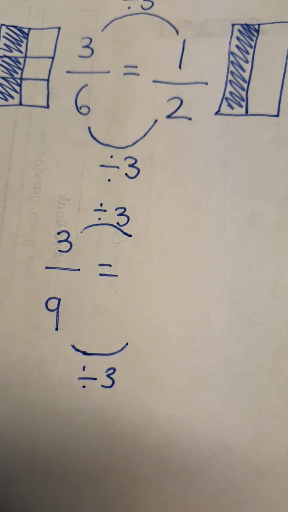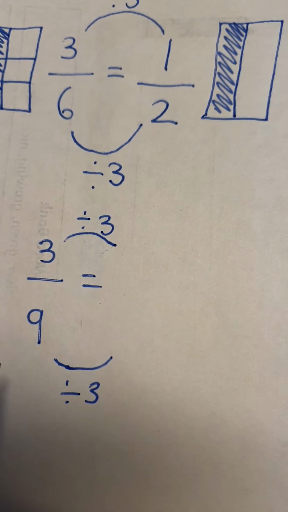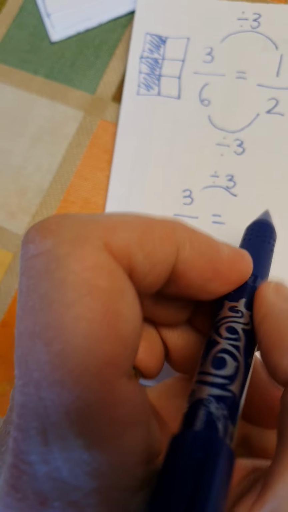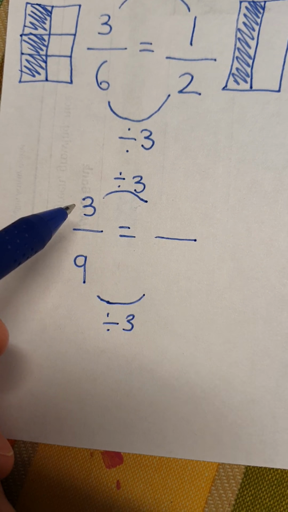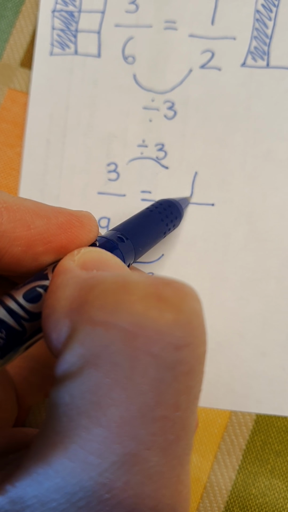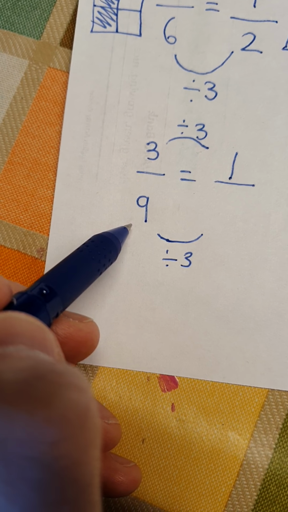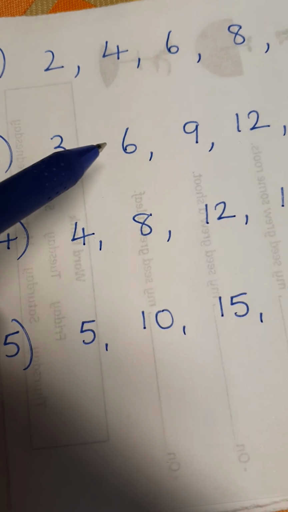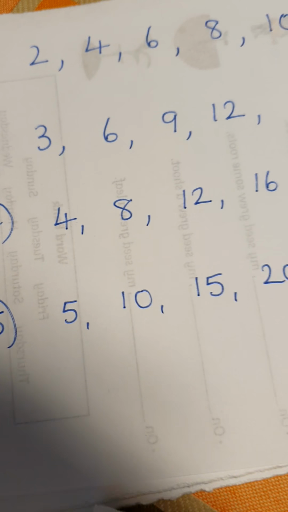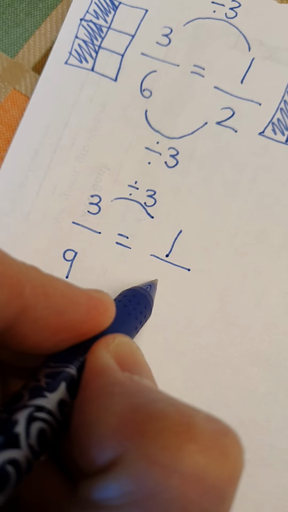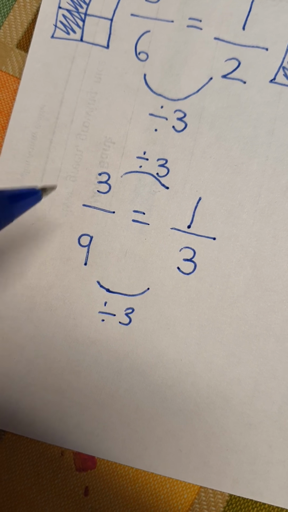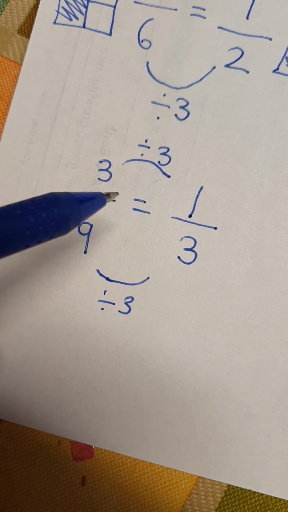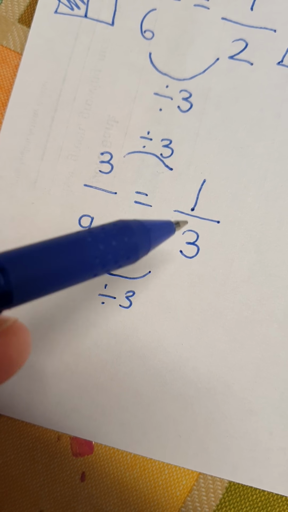So 3 divided by 3 and 9 divided by 3. How many 3s are there in 3? There is 1. How many 3s are there in 9? 1, 2, 3 lots of 3. So your fraction 3/9 reduces or simplifies to 1/3.